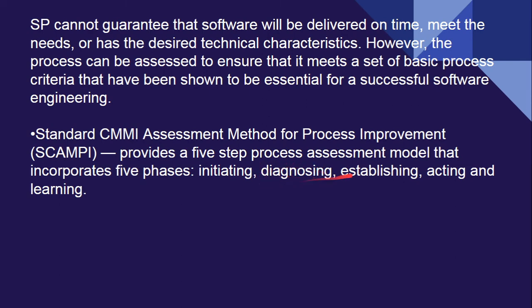Based upon this, it will be able to establish some standards, and then present some procedures on how to improve those processes. Accordingly, it will implement those processes to get into action, and finally by this they will be able to learn the process quality.